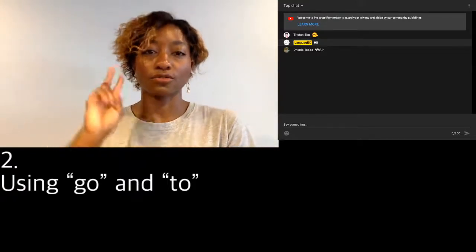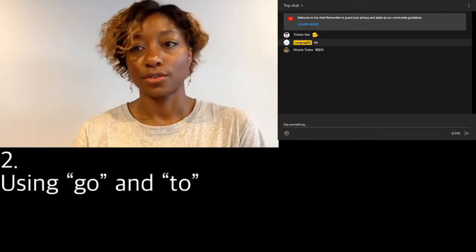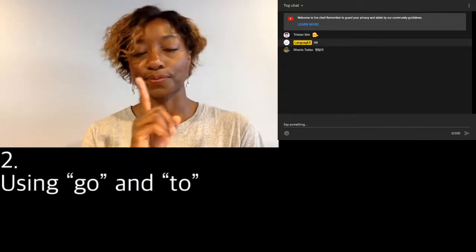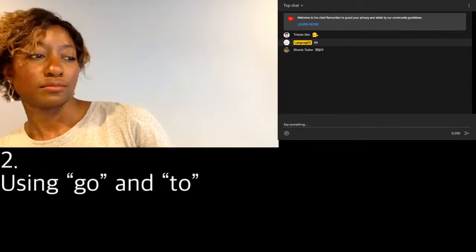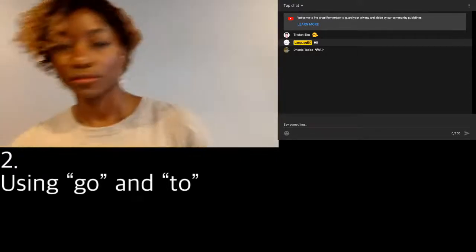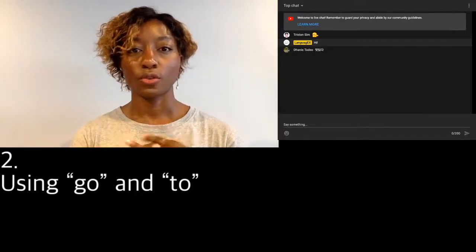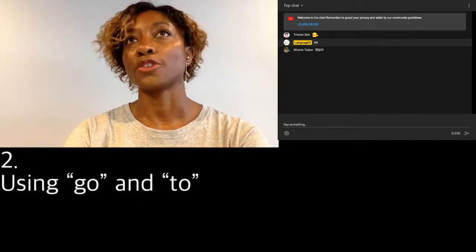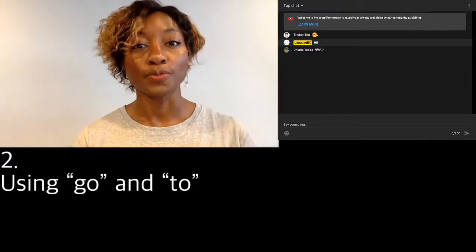Second common mistake. 두 번째, 네, 자주 틀리는 것은 using "go" and "to." "Go" and "to." So it may be confusing, like when to use "to" when you're using the verb "go."